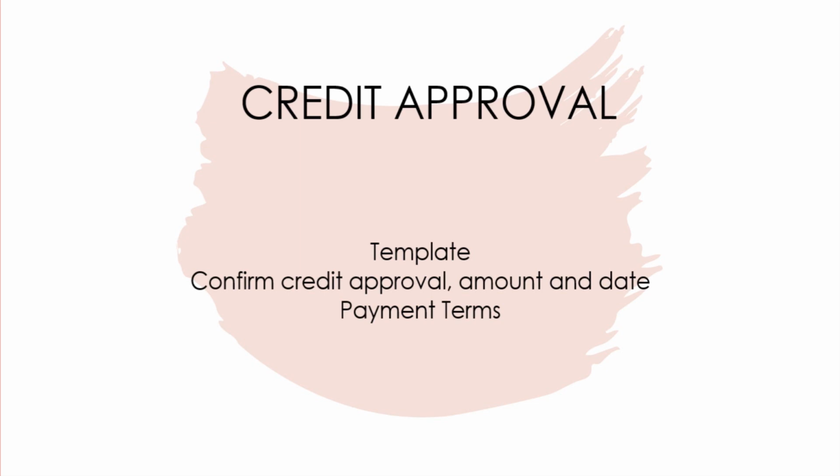Now, the template should include, or not the template, I need to stop saying that. The credit approval letter should include confirmation of the approval, the credit limit amount that you're going to offer the customer, and the date of approval. You can also include things like payment terms and other items you want to tell the customer.